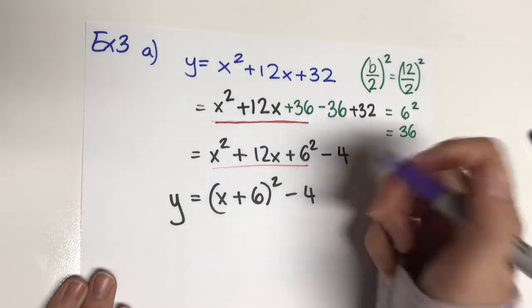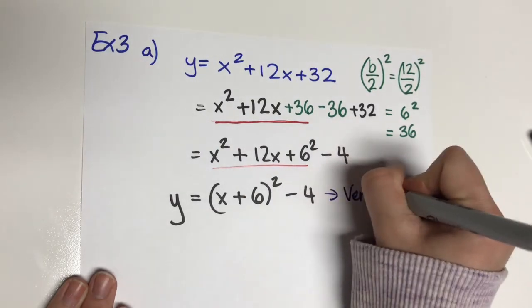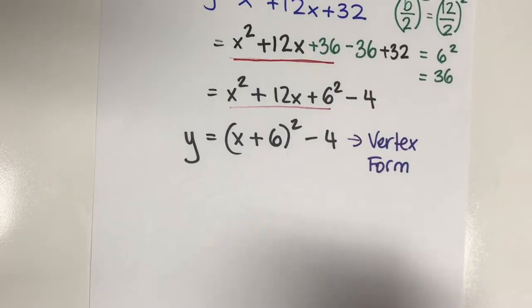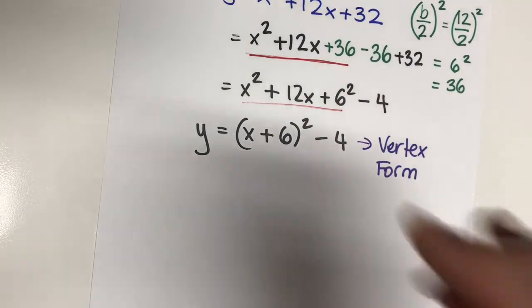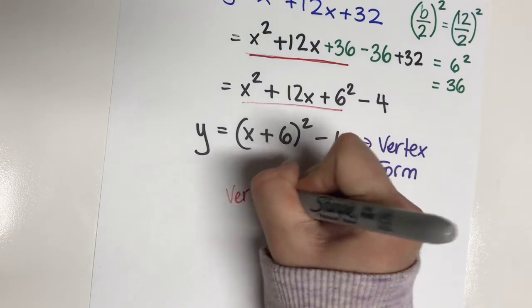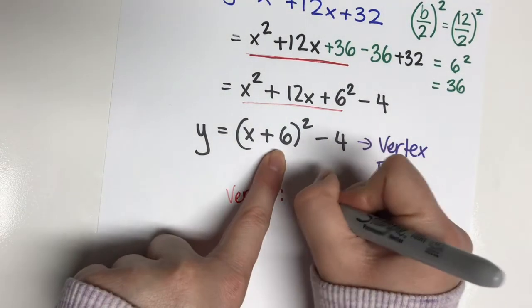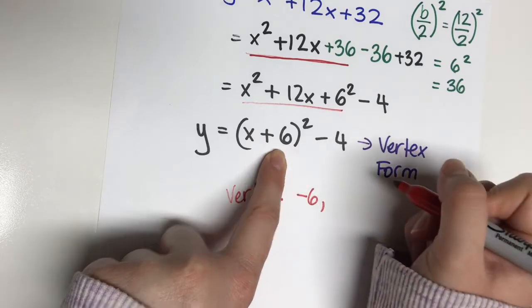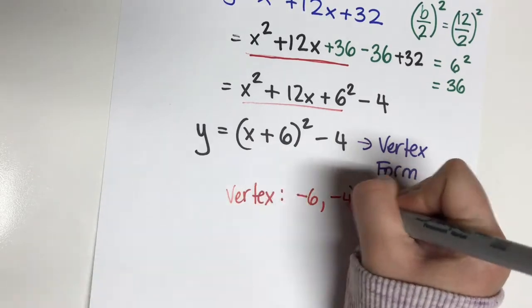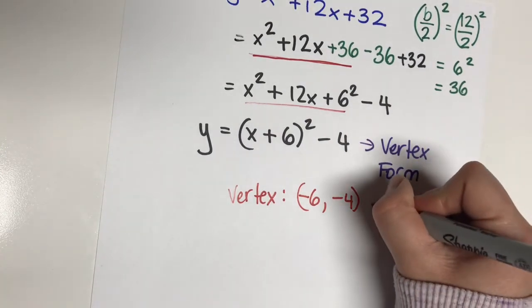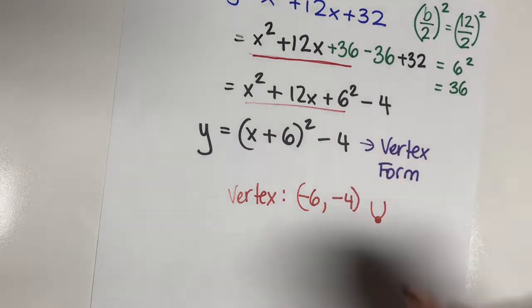That is vertex form. The vertex is my h and my k. Vertex is (h, k), so here my h is negative 6. Remember, it's always opposite. And my k is negative 4. That's my vertex, that lowest point right here.